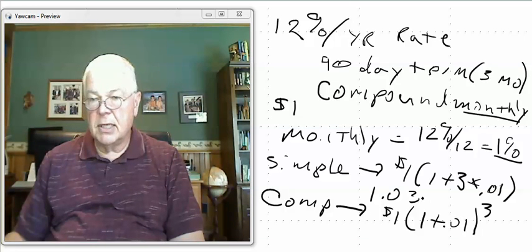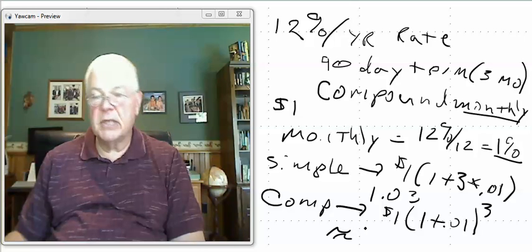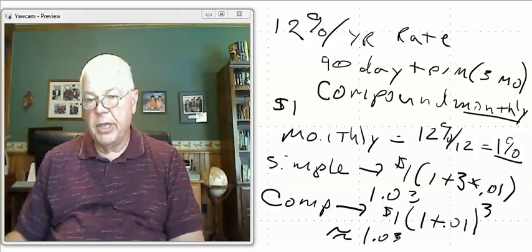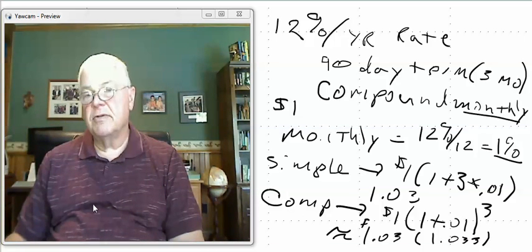But it's on the order of, and I say on the order of because I probably should have chosen bigger numbers so that there's a bigger spread. It's still on the order of 1.03. You could calculate exactly 1.0303, and of course we generally aren't keeping track of fractions of cents.